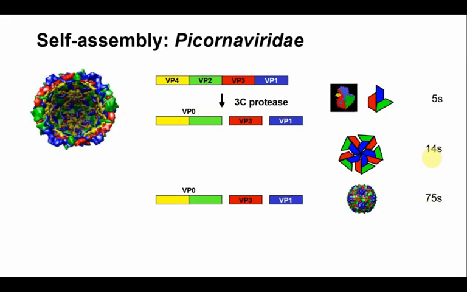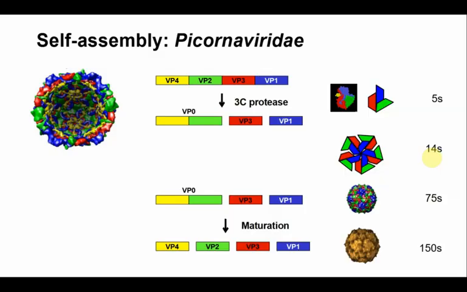So this is the 75S particle. But this is a reversible reaction. So you've got to imagine two little arrows here, one going this way, one going that way. It's an equilibrium.